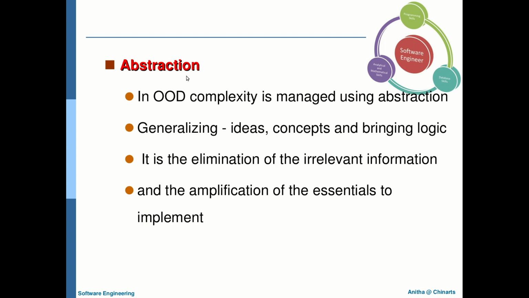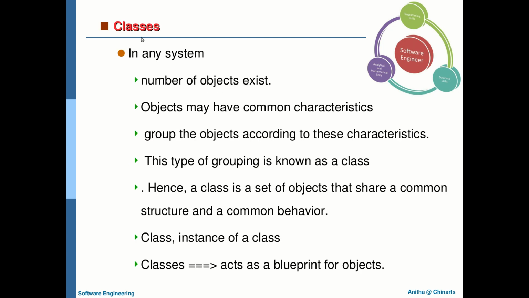Then what is an abstraction? We have seen that any idea which is generalized by eliminating the irrelevant information and amplifying the essentials is what you call an abstraction. So whenever you have complexity, it can be managed using abstraction. And we have seen what a class is. A class is nothing but a group of objects according to their common characteristics, and an instance of that particular class becomes an object.